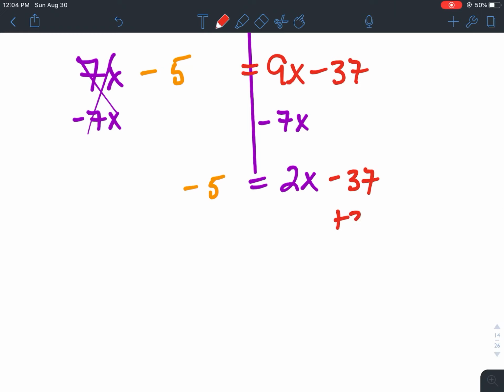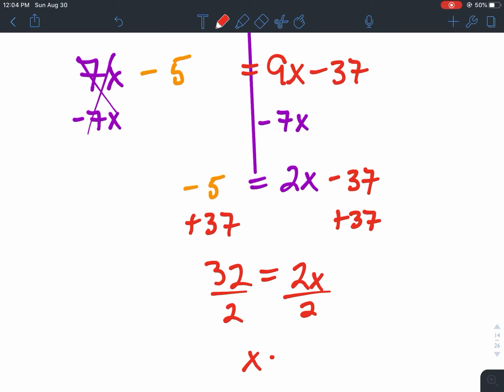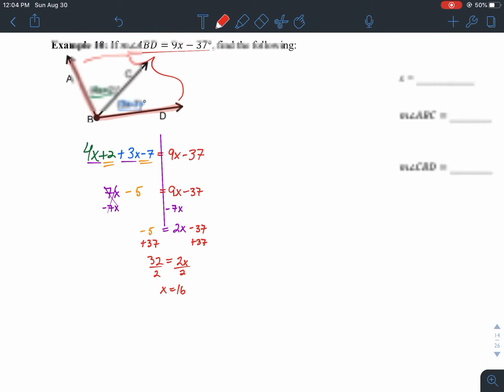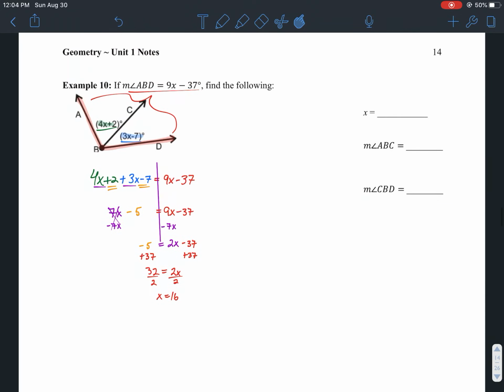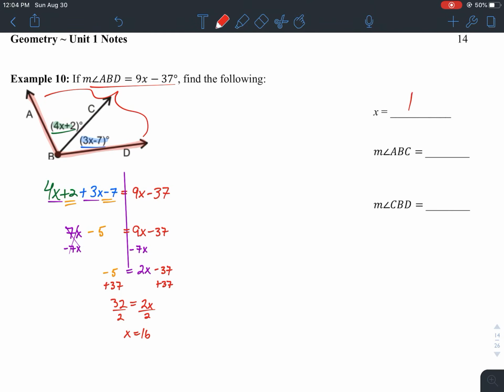And then I'm going to add 37 to both sides. This is going to be 2x equals 32. Divide by 2. X equals 16. So we figured out what x is. X equals 16. Now we know that piece of information.